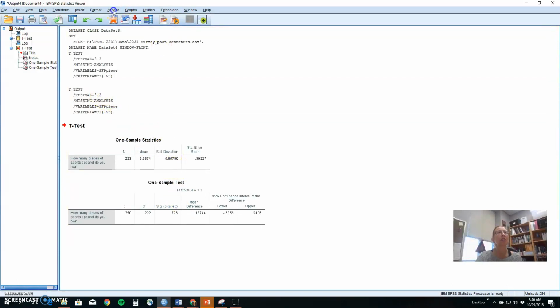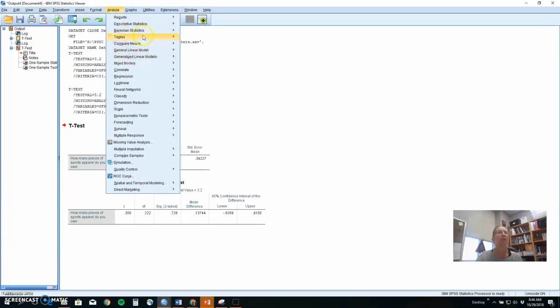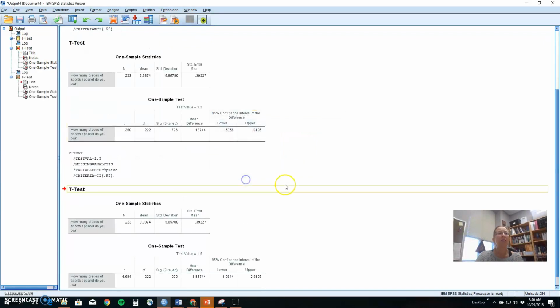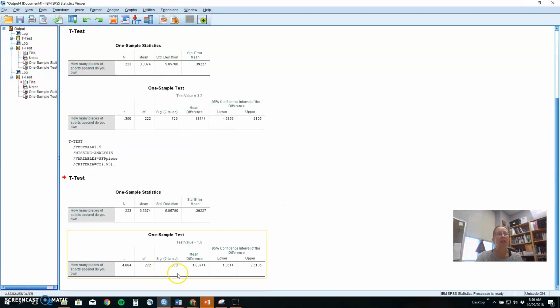Now, we can see how this changes if we had a different population mean. So if we ran this test again, and instead of saying the typical population person has 3 pieces of sporting apparel, maybe they have 1.5. In that case, if we ran our t-test, we would find a bigger t-value and a significant difference, suggesting that our group does have a larger amount of sporting apparel in their closet than the population.